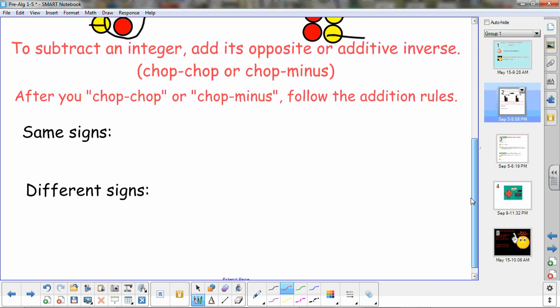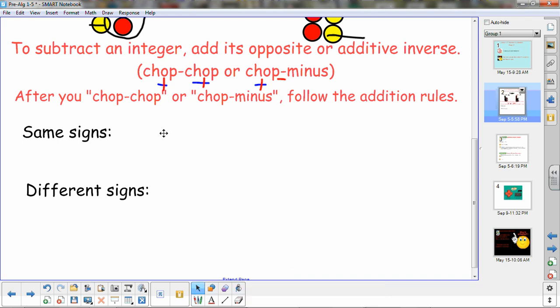Sometimes, rather than saying add the opposite, I'll say chop chop or chop minus, meaning if you have minus a negative, I would go ahead and chop chop and make it plus a positive. Or if you had minus and then just a positive number, I would say chop minus, or make it plus a negative.